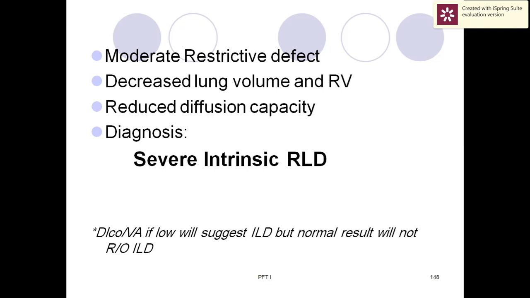Challenge test. This test can be used in a patient complaining of dyspnea. We do a spirometric measurement and find that he has normal spirometry, but we still have a high suspicion that this patient has obstructive lung disease, bronchial asthma.